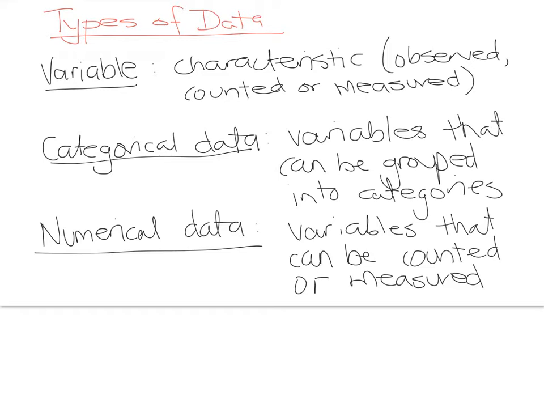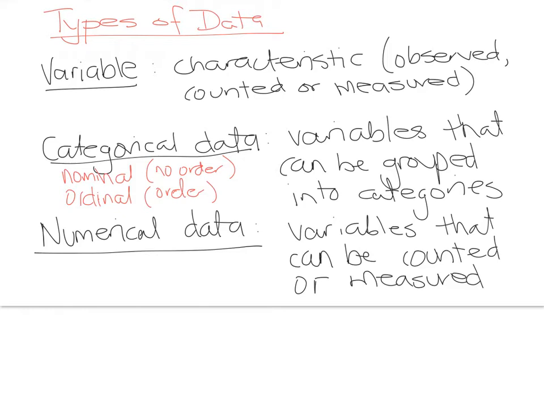So let's just add those couple of extra definitions in there. Categorical can be nominal, and that's no order or relationship, or ordinal, with order, so having order.